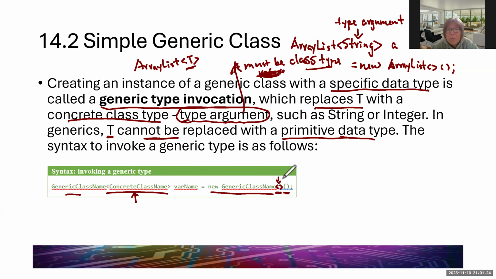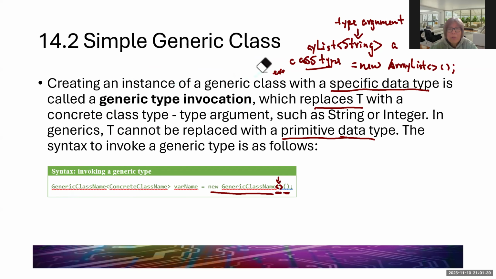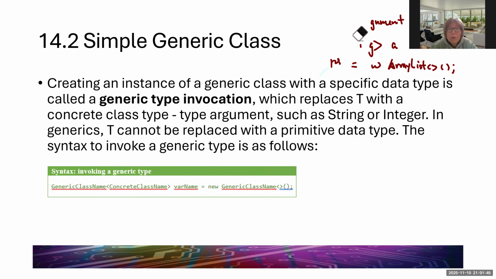It's not necessary that you repeat the type argument. So this is about how we invoke a generic class. We plug in some specific type.